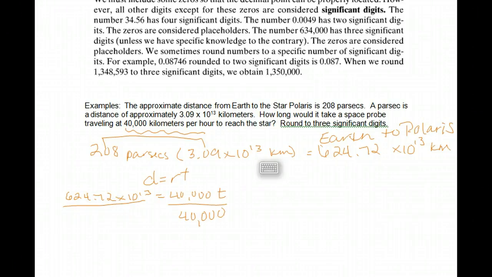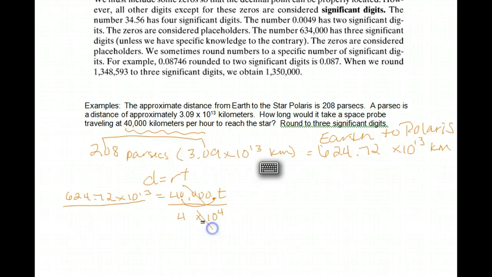Actually, before I do that, let's make this a little bit easier on us. Let's convert that into scientific notation in this step. If I put this into scientific notation and I make it 4 point something, that would be 4 times 10 to the what? 1, 2, 3, 4. 10 to the 4th.